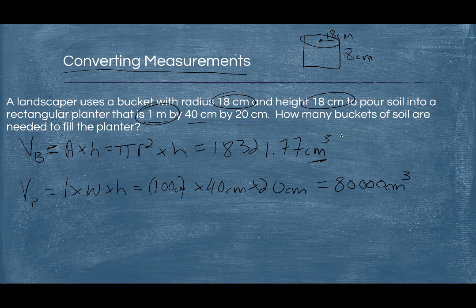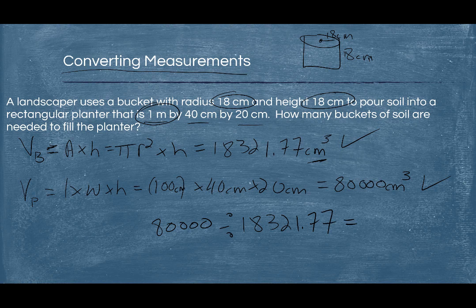So this is how much fits in one bucket, and that's how much space or volume I have to fill. So how many buckets will I have to fit in there? Well, you just go 80,000 divided by how much fits in one bucket, 18,321.77.